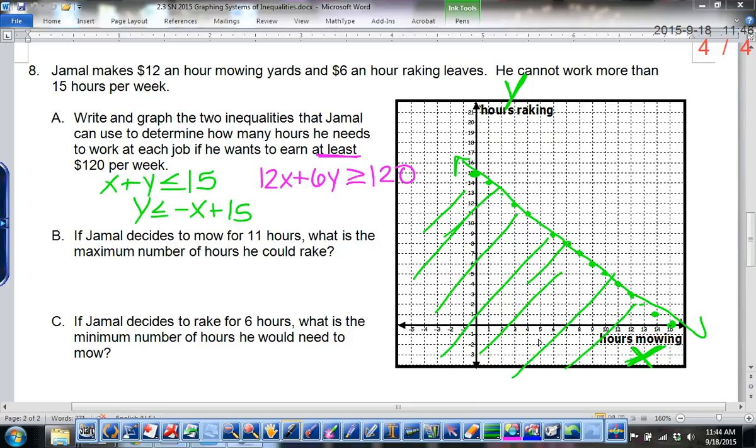All right, let's solve the pink one. 12x plus 6y is greater than or equal to 120. So 6y is greater than or equal to negative 12x plus 120. So that means y is greater than or equal to negative 2x plus 20.